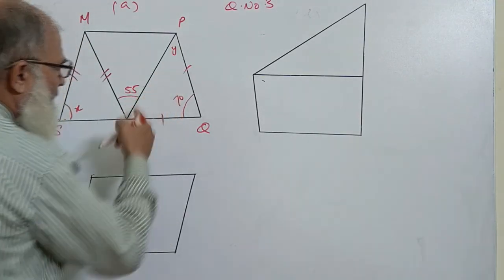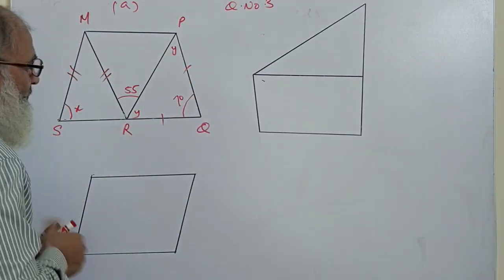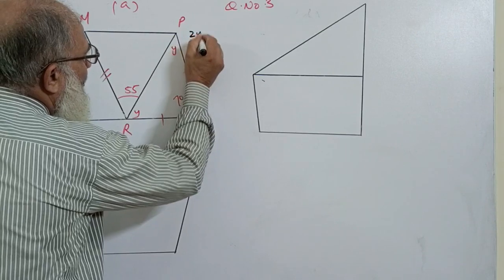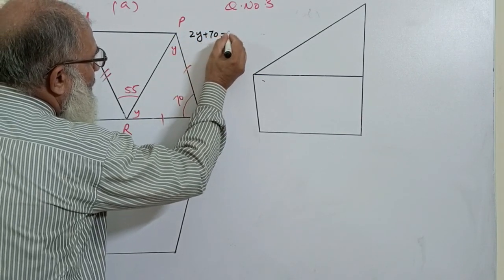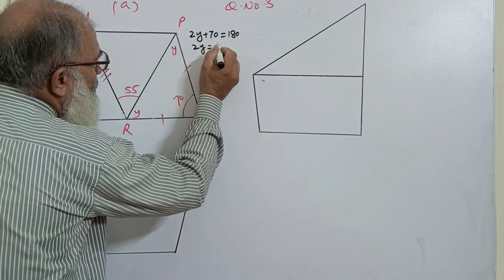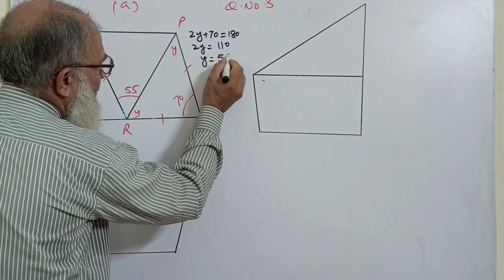Now to complete 180 degrees, 2y plus 70 is equal to 180 degrees, and 2y is equal to 110, and y is equal to 55 degrees each.